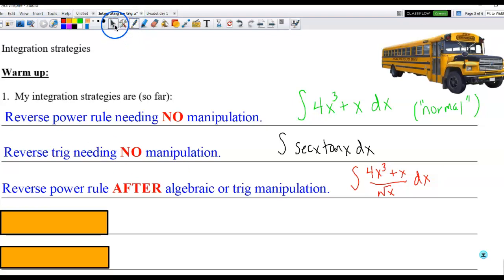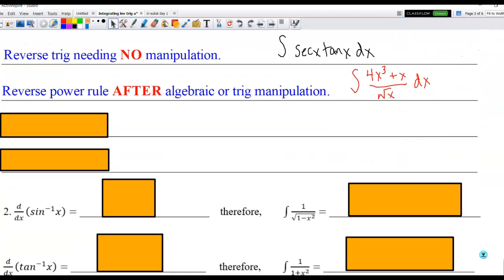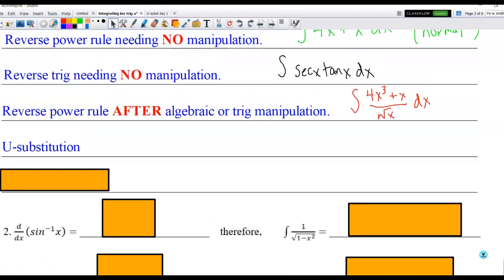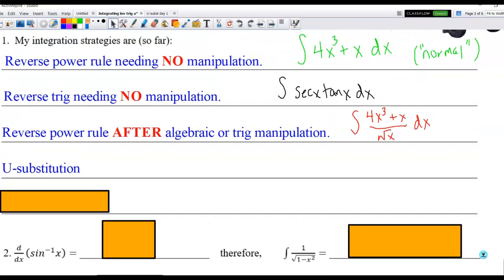All right, our next strategy that you have in your toolbox is U substitution. So we talked about in U substitution when something has been done to our variable other than just plain x or whatever the variable happens to be, then we're going to need a U substitution.